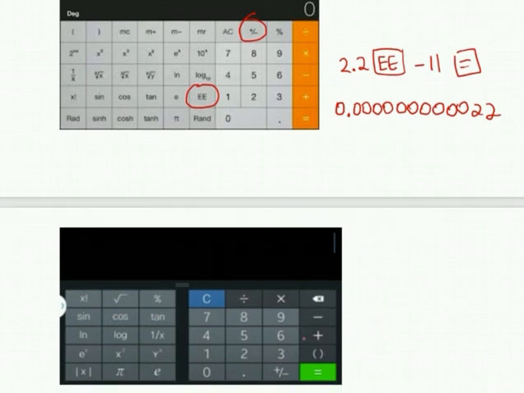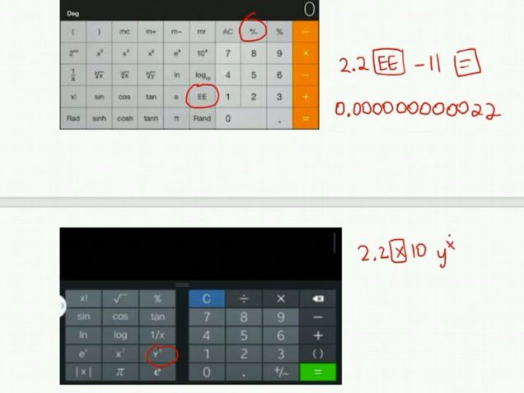But if not, when it comes down to it, if you just go in and type in 2.2 and then hit the multiplication symbol, okay, and then put in 10, and then you need to use your exponent button, which looks like it's this one here. It looks a little bit grainy, so I think that's what it is, y to the x. So you want to look for something that looks like that.